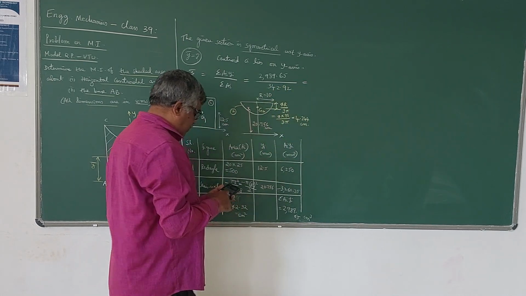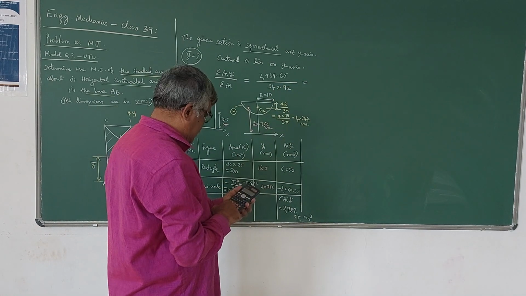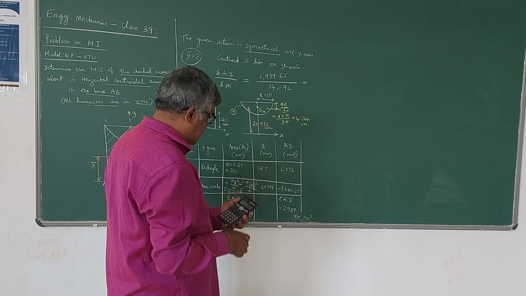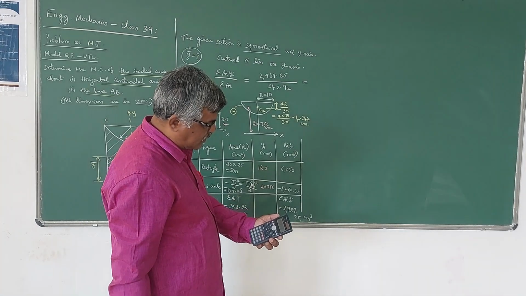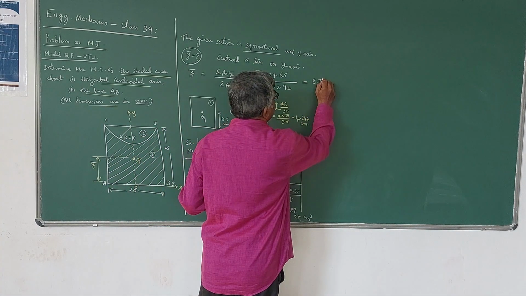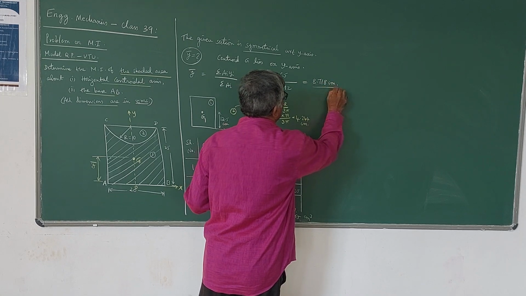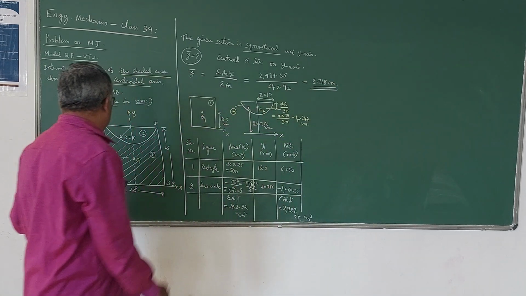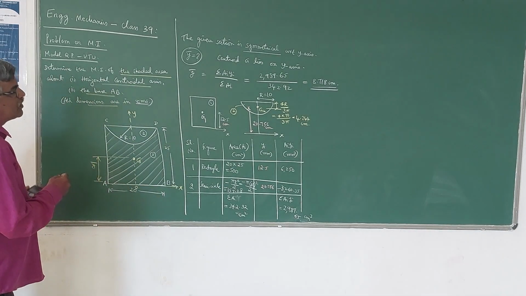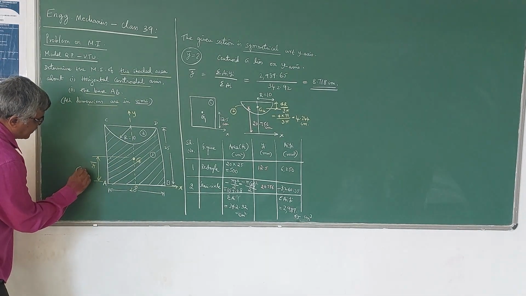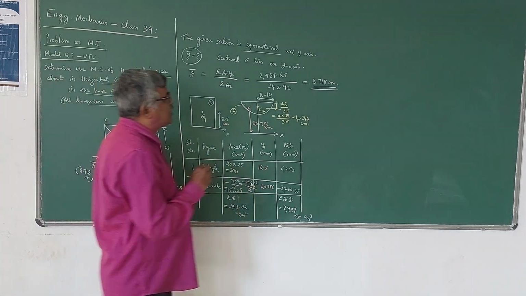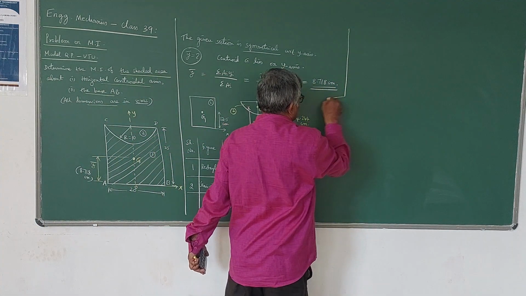So that is the value of y bar, which is 8.718 centimeters. So this is the distance of the centroid of the composite section G from the x-axis. Now this is the first part of the problem where we have located the centroid.